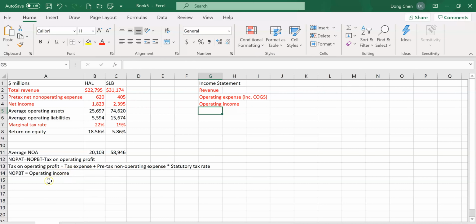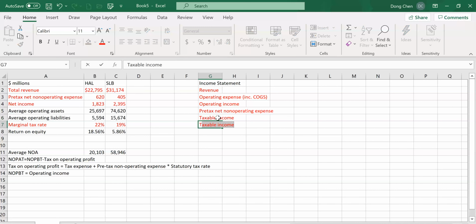So let me also write that as operating income. And PBT generally is operating income, and then we subtract the pre-tax net non-operating expense, and that will give us the taxable income. And then we further subtract taxes from that, and then we get the net income. So that's the general structure of an income statement, right?